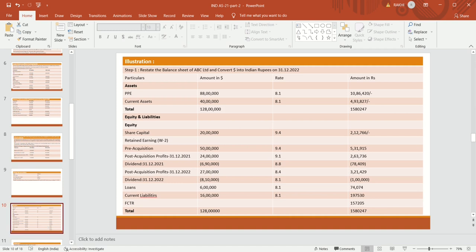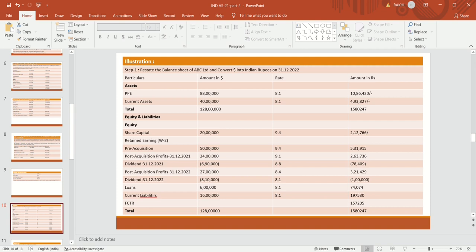Because we are required to prepare the consolidated balance sheet of 31st December 2022, we will convert the ABC balance sheet from dollars into rupees.